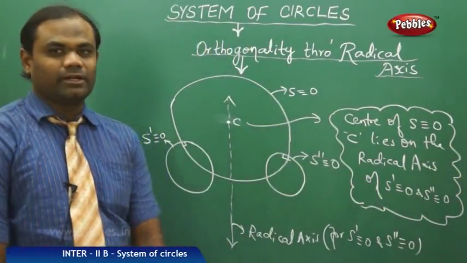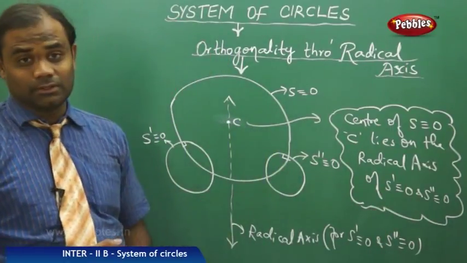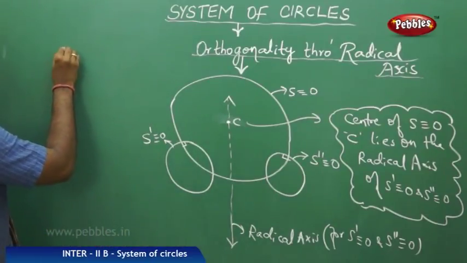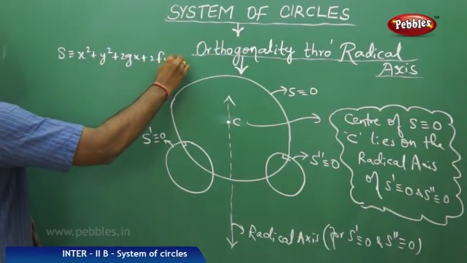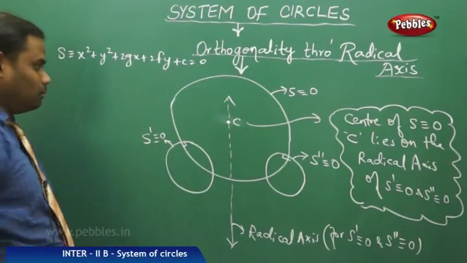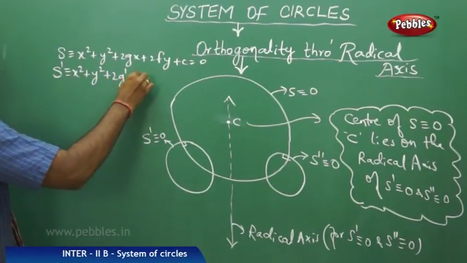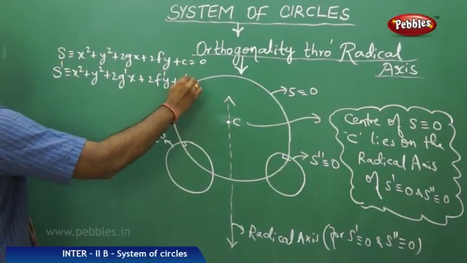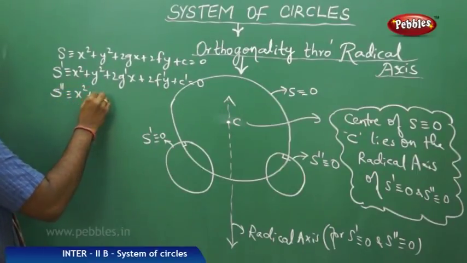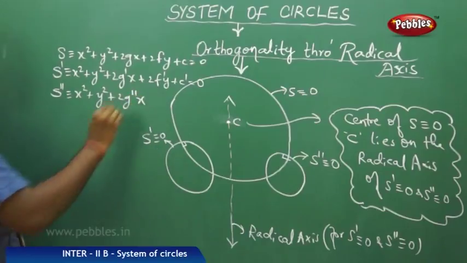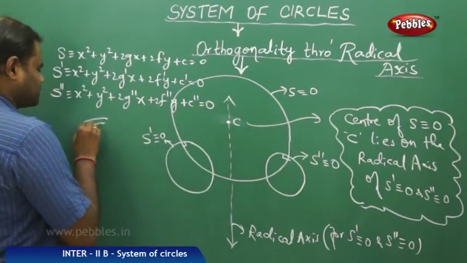The center of the circle is nothing but a point on the radical axis of the other two circles, where my S is x squared plus y squared plus 2gx plus 2fy plus c equals 0, and my S' is x squared plus y squared plus 2g'x plus 2f'y plus c' equal to 0, and my S'' is x squared plus y squared plus 2g''x plus 2f''y plus c'' equals 0.